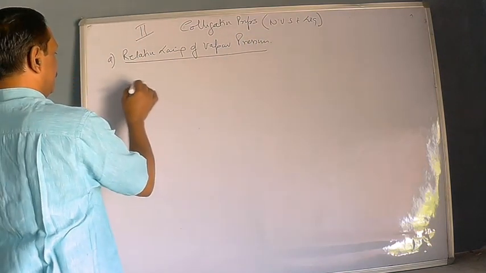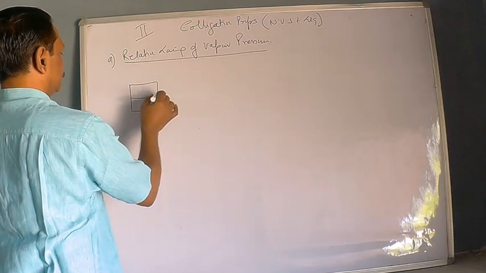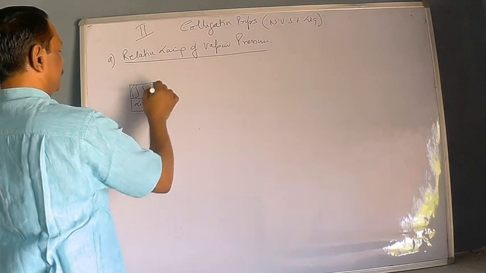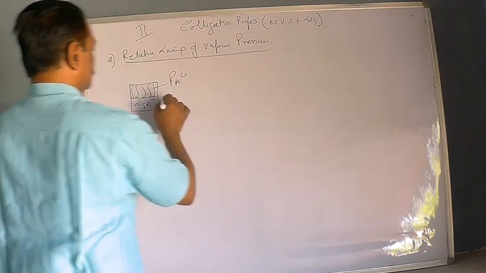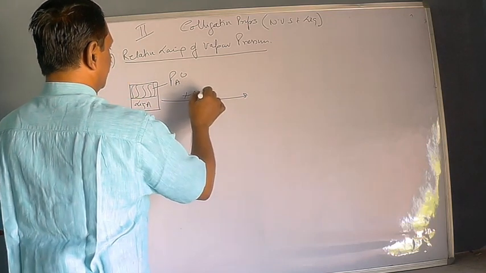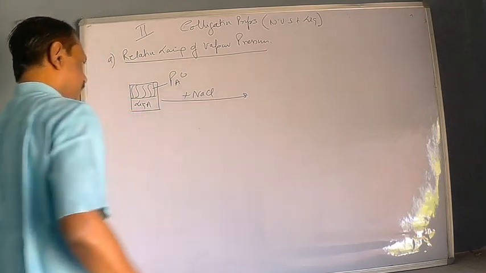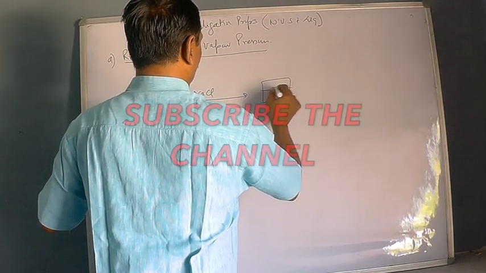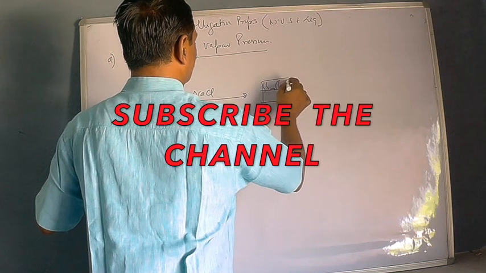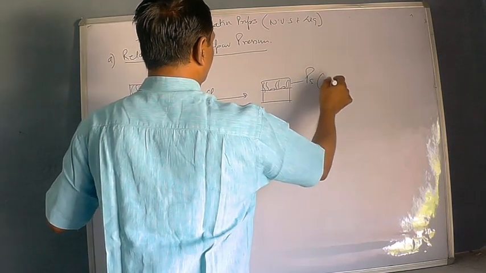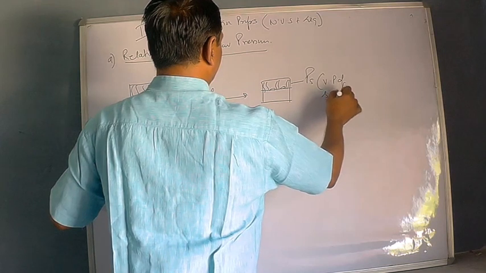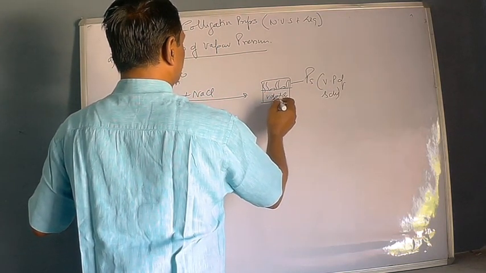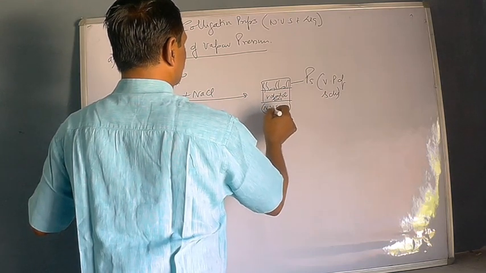Class, let us take pure liquid A, a volatile liquid, giving vapors, let the vapor pressure be PA0. Now let us add a non-volatile solute to it, sodium chloride. As I already told you, the vapor pressure of the solution will decrease because some solute particles will be on the surface. So let it be PS, the vapor pressure of the solution. Here it is a solution containing NVS plus liquid.